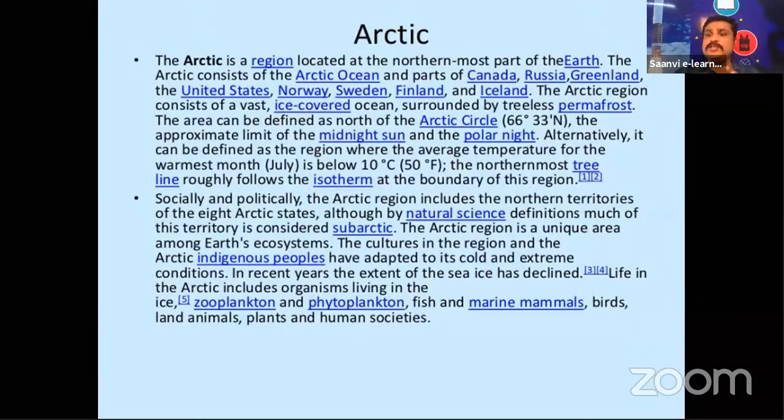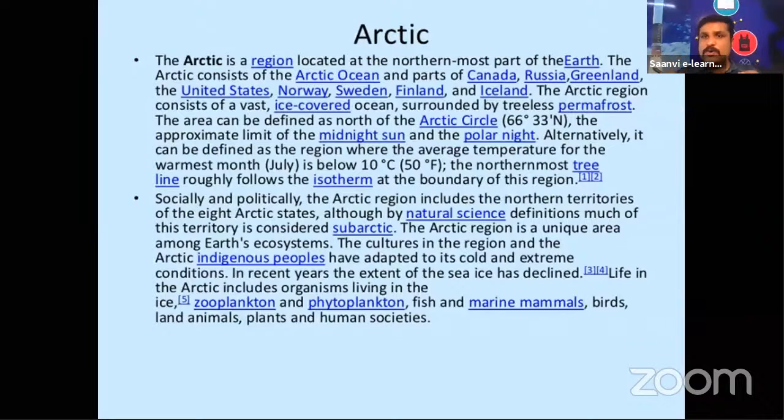The Arctic is a region located at the northernmost of the earth. The Arctic consists of the Arctic Ocean and part of Canada, Russia, Greenland, and United States, Norway, Sweden, Finland, and Iceland. The Arctic region consists of vast ice-covered ocean surrounded by treeless permafrost. I have told you what is permafrost.